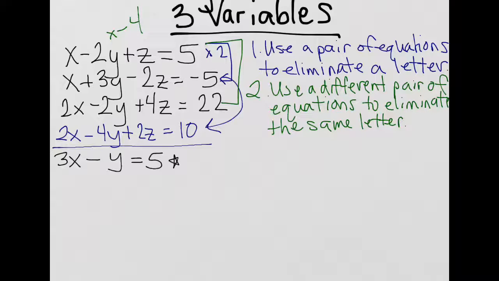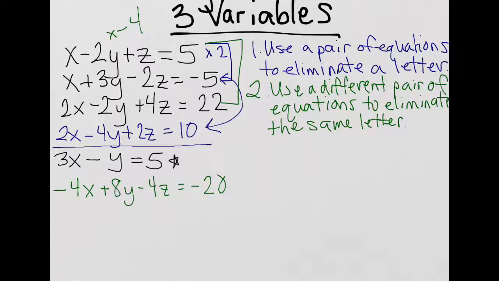So if I write my new equation down here, that will give me -4x plus 8y minus 4z is equal to -20.